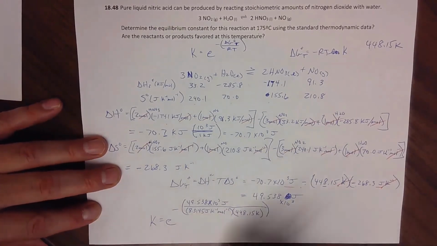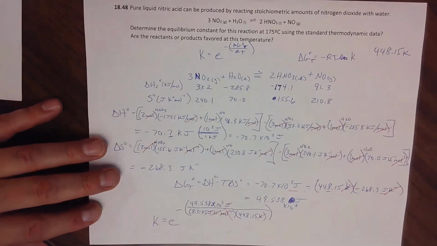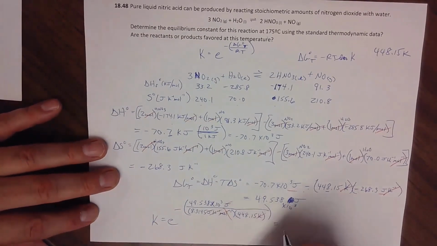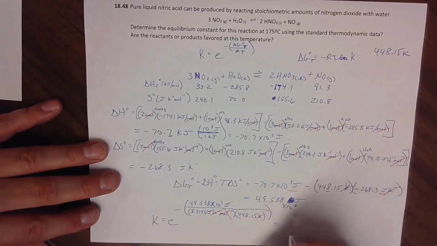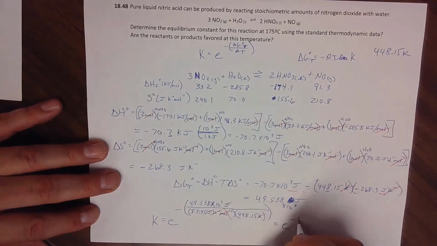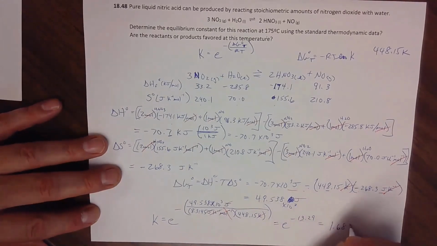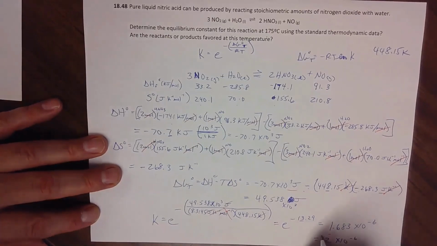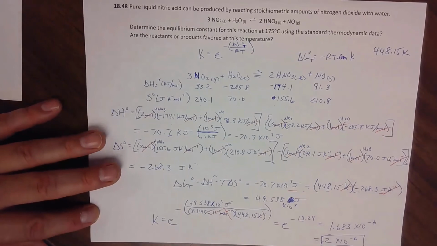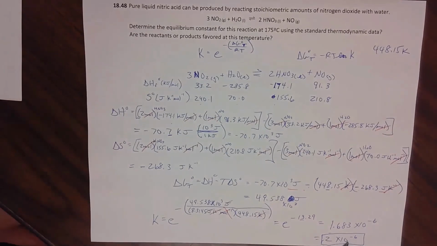And again, this mole is going to magically disappear. That would give us a value of e to the negative 13.29, which would be 1.683 times 10 to the negative 6th. So basically this is going to be 2 times 10 to the negative 6th. As we expected, K was much less than 1.